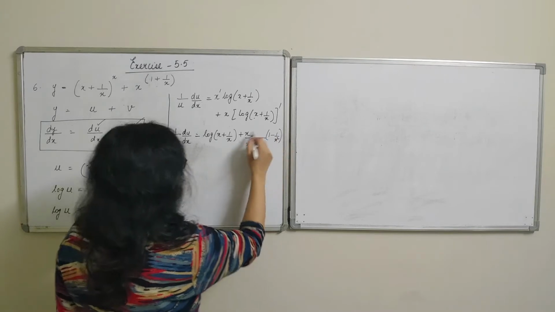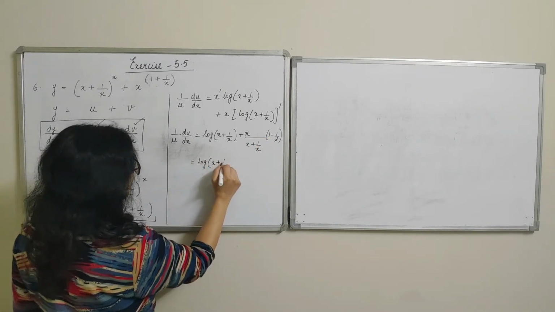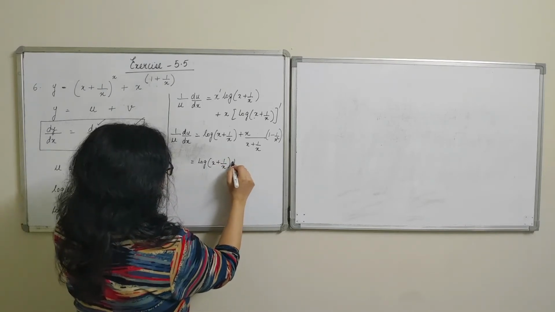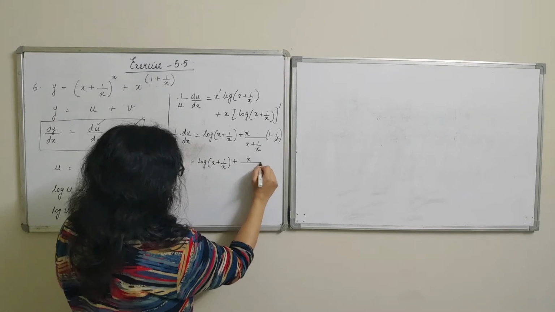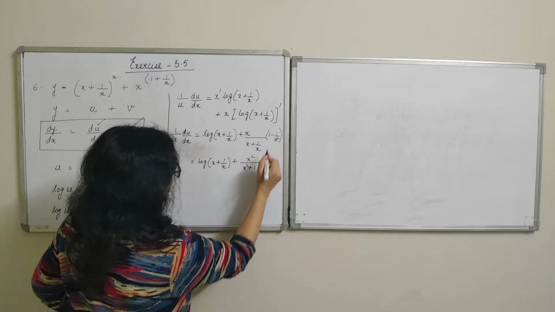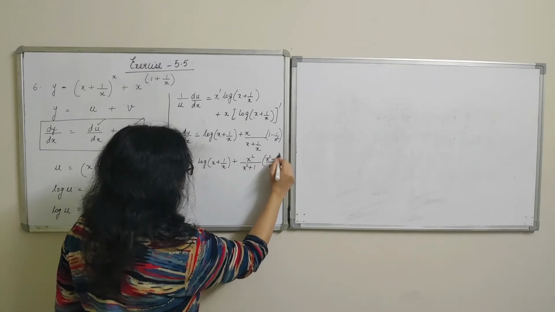And now let us simplify this term, log(x plus 1 by x). So here is positive x in denominator, taking LCM we get x square plus 1. Over here again taking LCM, x square minus 1 upon x square.